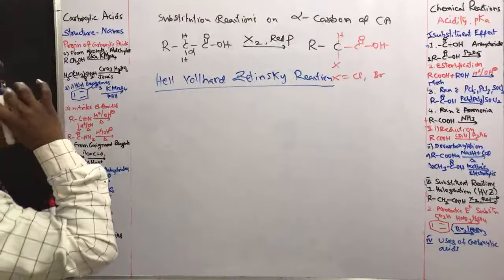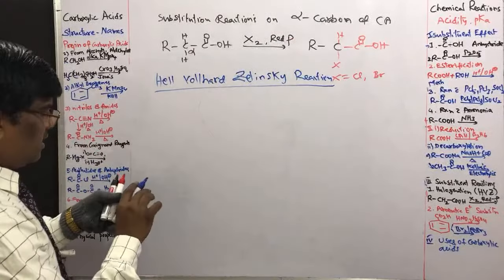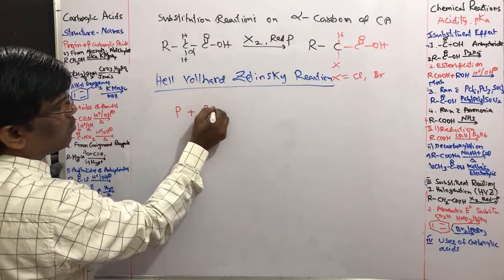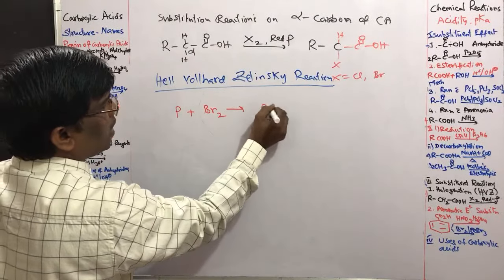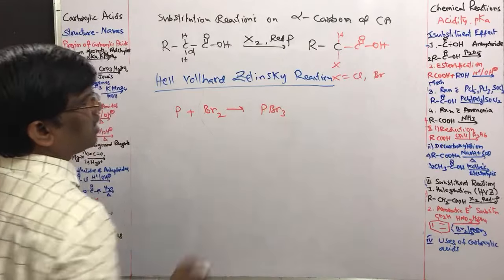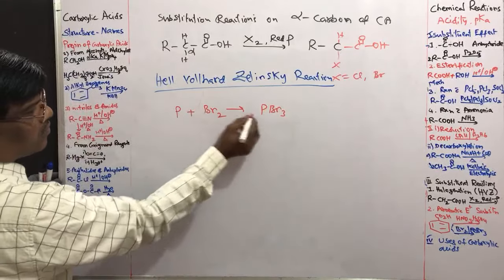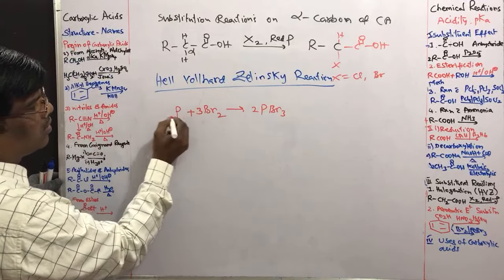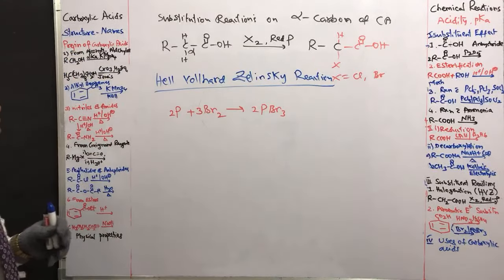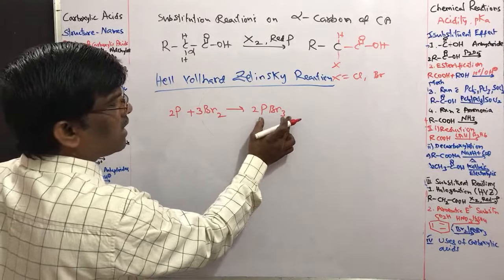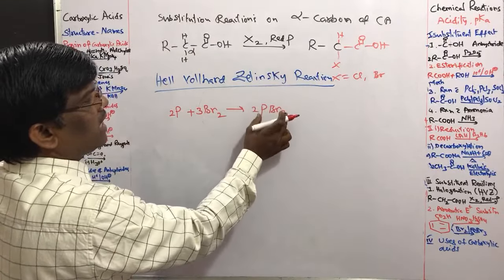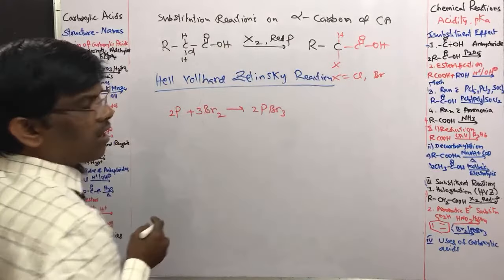Anyhow, at this stage, the mechanism follows like this. The red phosphorus, what is there? Phosphorus will react with bromine to form PBr3. This PBr3 is going to act as the real reagent for the halogenation of the alpha carbon.